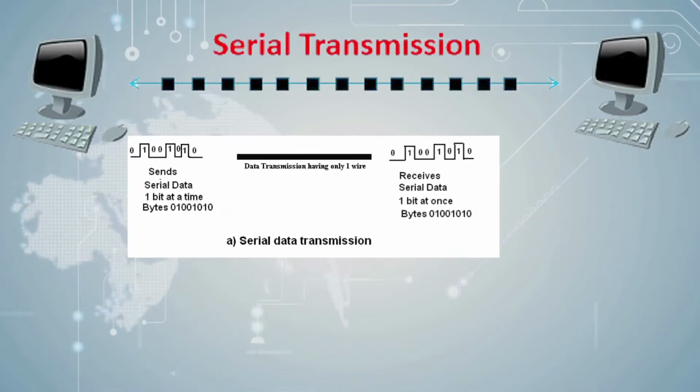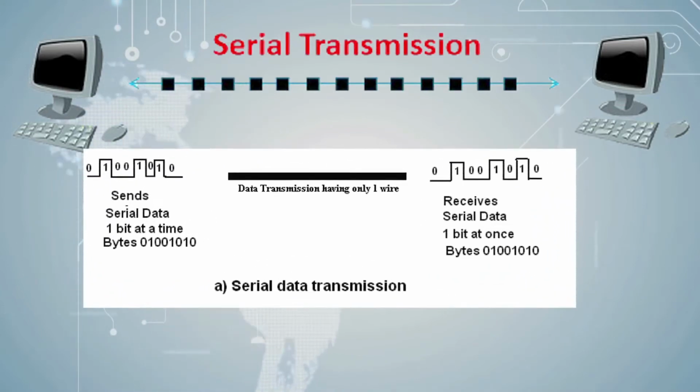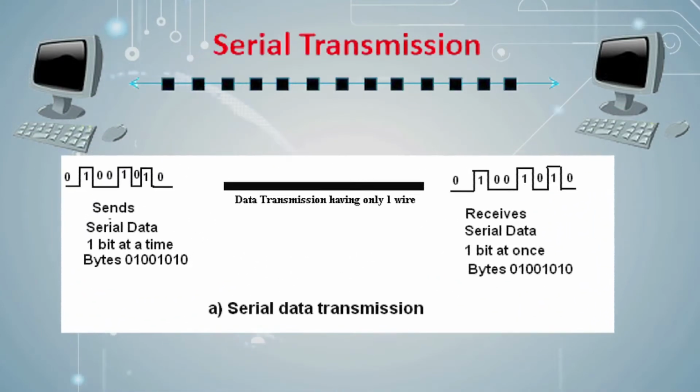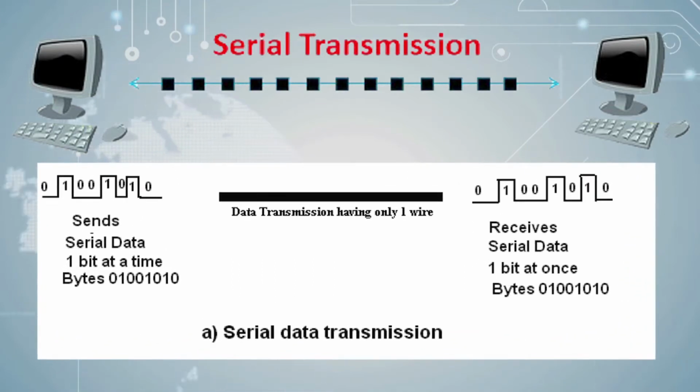So the way you send the data, the same way data has to be received. This is what we learn, the basic features of a data communication. You have sent 20 bits, then 20 bits have to be received, and the sequencing also has to be maintained. Here we have seen the signal formation, and the same signal formation is there at the other side also, the same pattern is followed in sending the data.